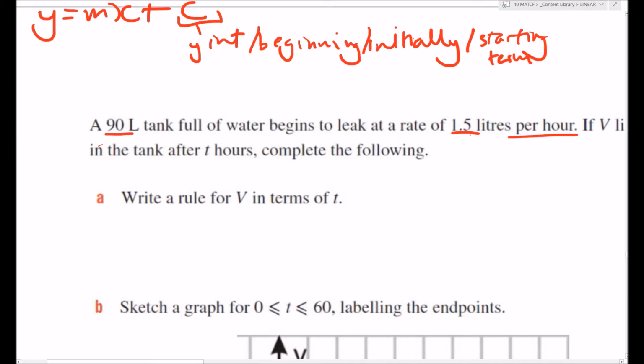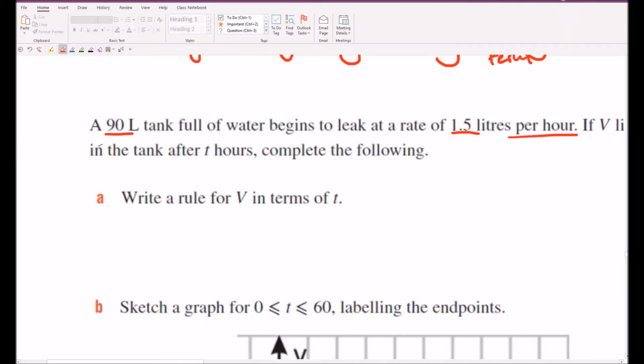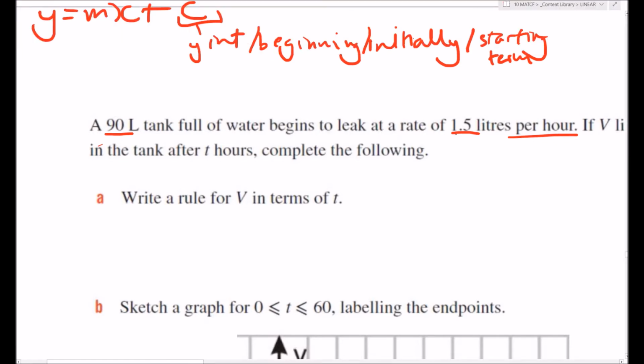Now the 1.5 liters, that information there is also important because in terms of recursion and number patterns, this refers to the common difference. So in that sense, the gradient is actually the same as the common difference.